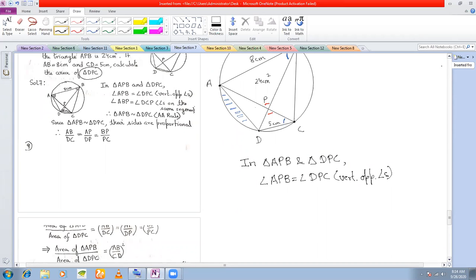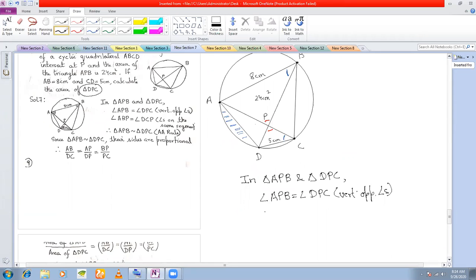And next, angle ABP is equal to angle DCP because they are angles in the same segment. Therefore, triangle APB is similar to triangle DPC. This is by the angle rule.